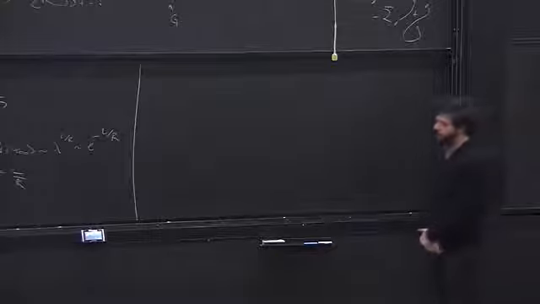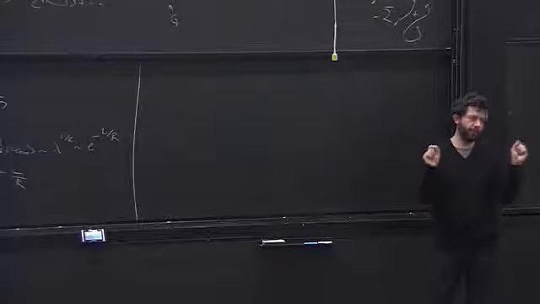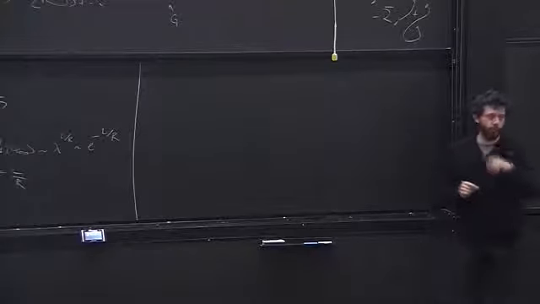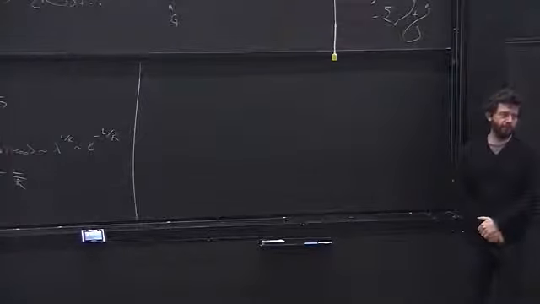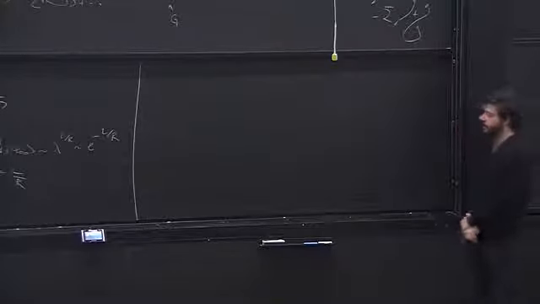Why? Because the energy penalty that you pay depends on the boundary, and the boundary is not macroscopic, right? The boundary of something that is 1D is 0 dimensional, so it doesn't scale, it's order 1. That's the essence of the argument.